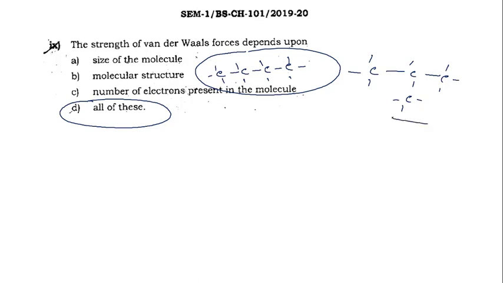So molecular structure also influences van der Waals forces. And of course the number of electrons. The more electrons are present and the larger the size, there is possibility of formation of more dipoles, and van der Waals forces also increase. So all of these will be the answer.